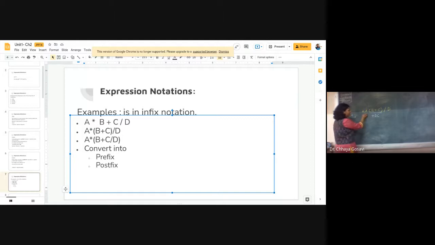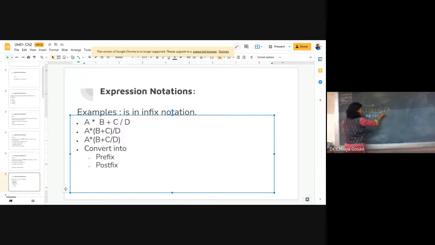Then it will carry out multiplication because associativity is from left to right. Then prefix operator, then operand 1, operand 2. So operand 1 is A and operand 2 is this bracket, plus BC. Note that in prefix or postfix, there is no need to use brackets.